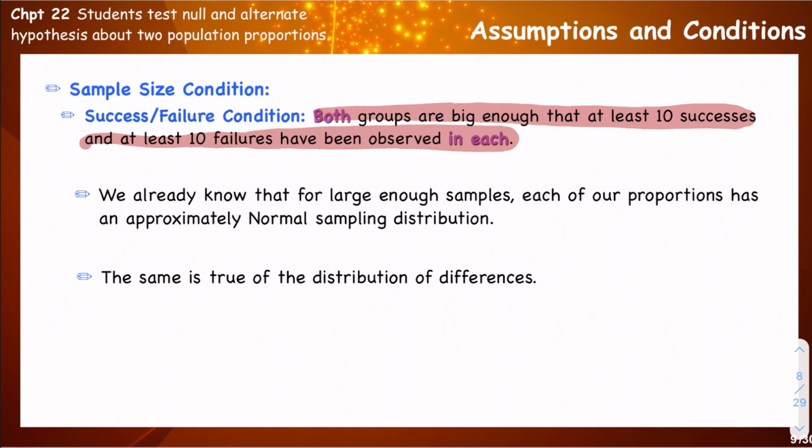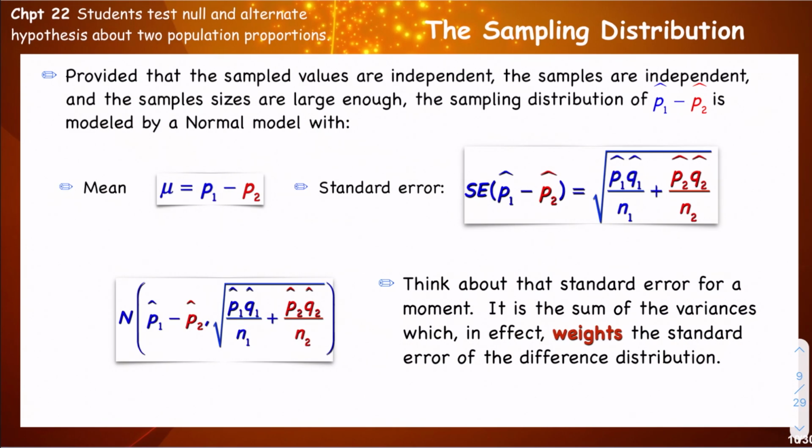So we already know that for large enough sample sizes, each of our proportions has an approximately normal sampling distribution. The same is true of the distribution of the differences. It's also going to be normal.